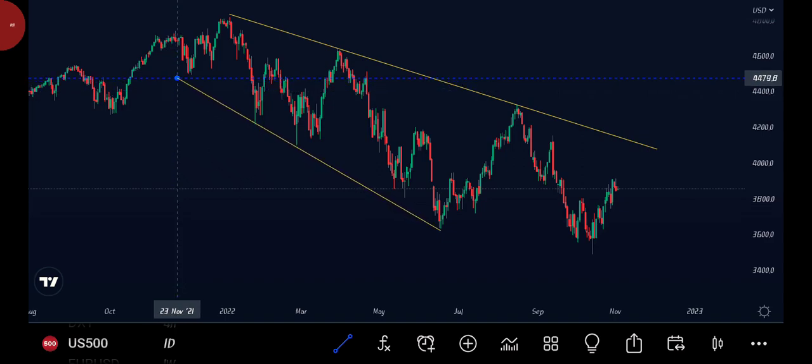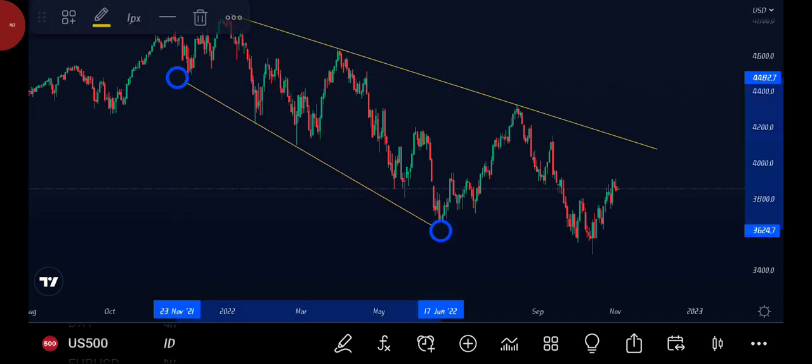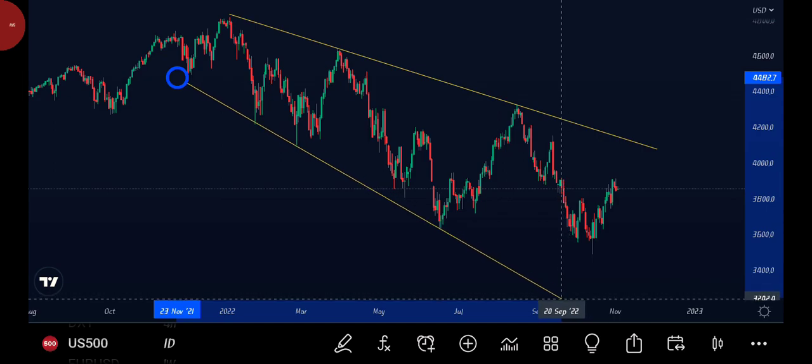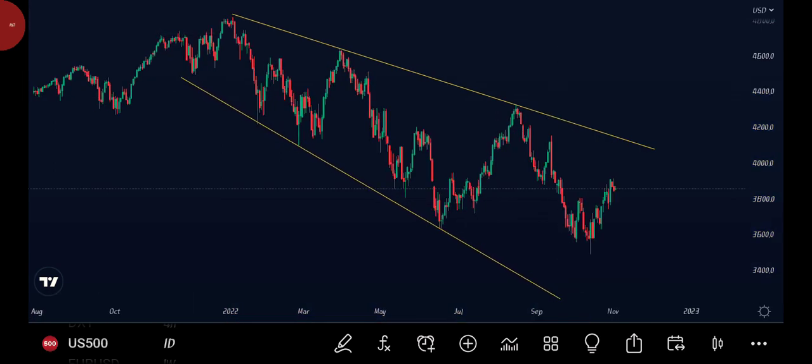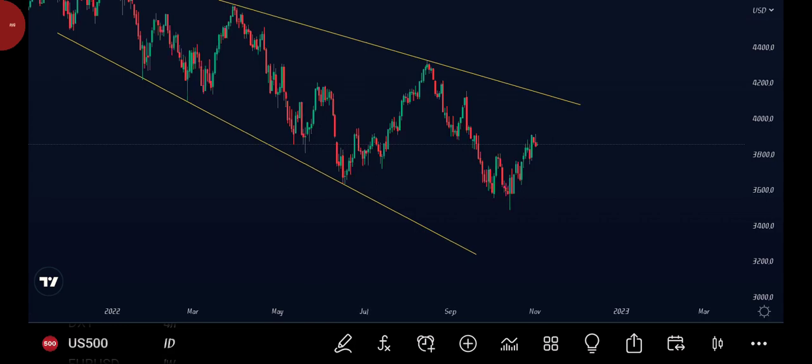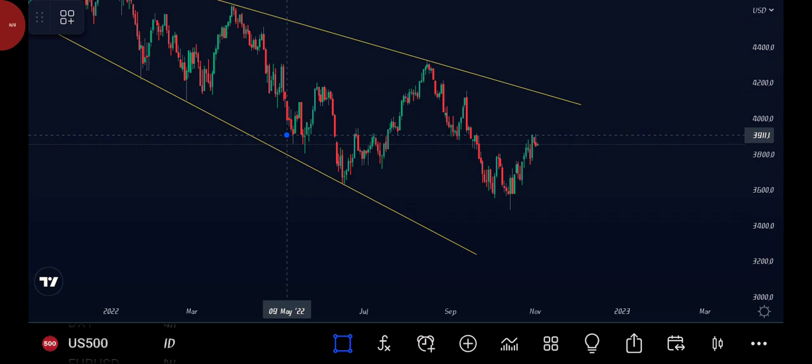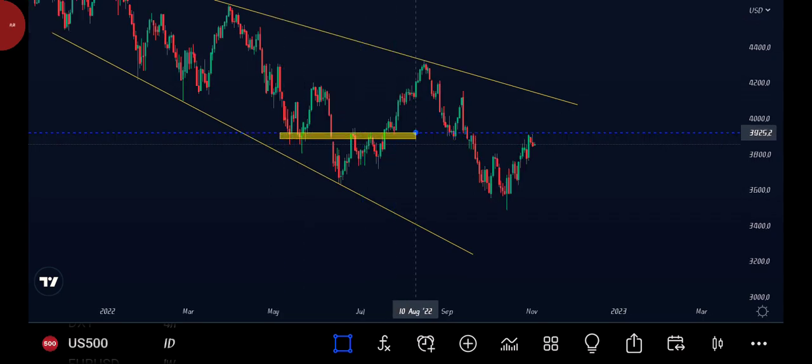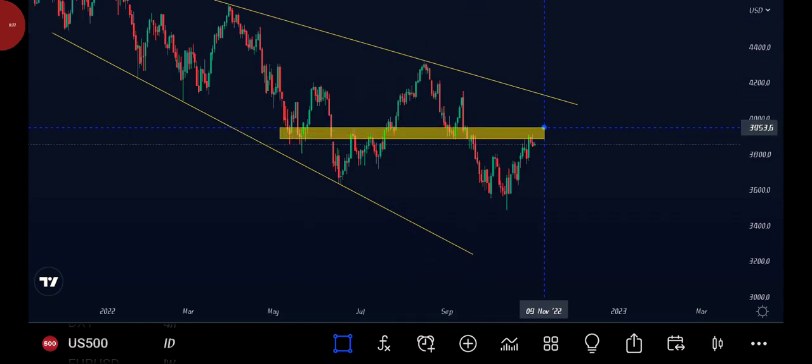Alright, so this thing is still dropping. Yes, that is it. We had an impulse move to the downside. Now currently we are dropping correctively, and we have a very strong resistance over here. So that is it.